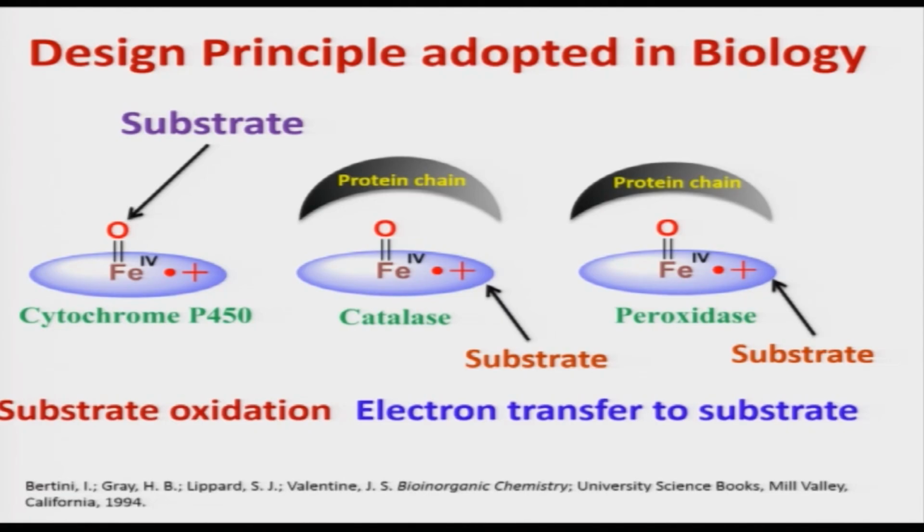This is the beauty of the design principle adopted for all these three enzymatic systems, although they all have the same iron(IV) oxo porphyrin cation radical as an active intermediate.